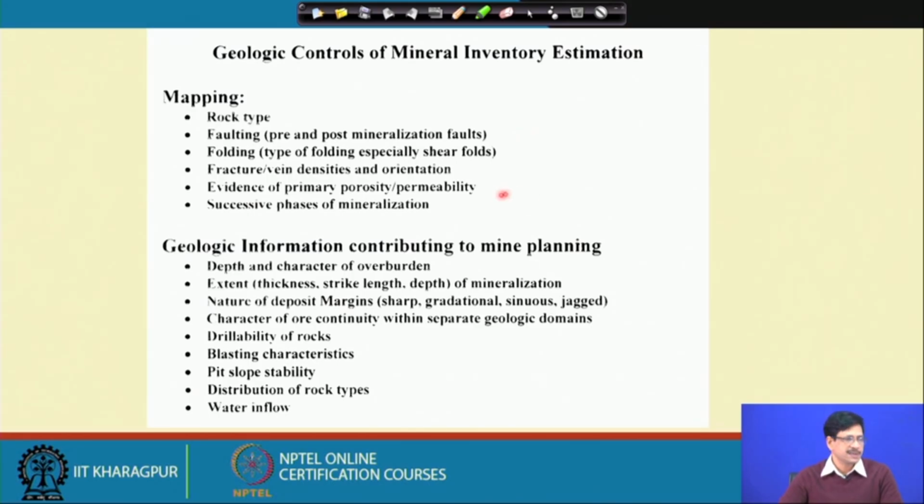In many cases the value continuity and geologic continuity might coincide. In some cases the ore body is only defined based on the value continuity, where there is no discrete distinguishable ore body, as it happens in many cases. So, we would just briefly look at the geologic controls of mineral inventory estimation and what are the important points that we must keep in mind.